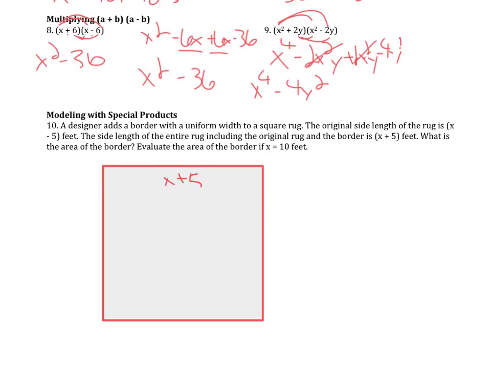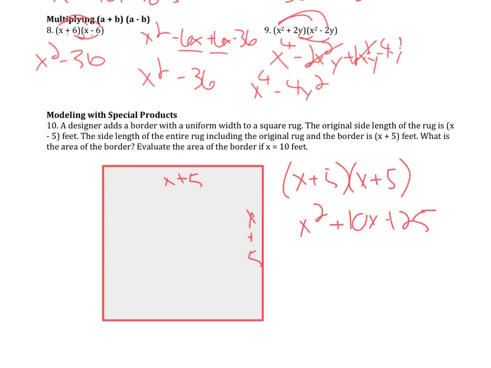This total rug here is x plus 5 by x plus 5. So we find the area by going x plus 5 times x plus 5. When we work that out, we get x squared plus 10x plus 25.